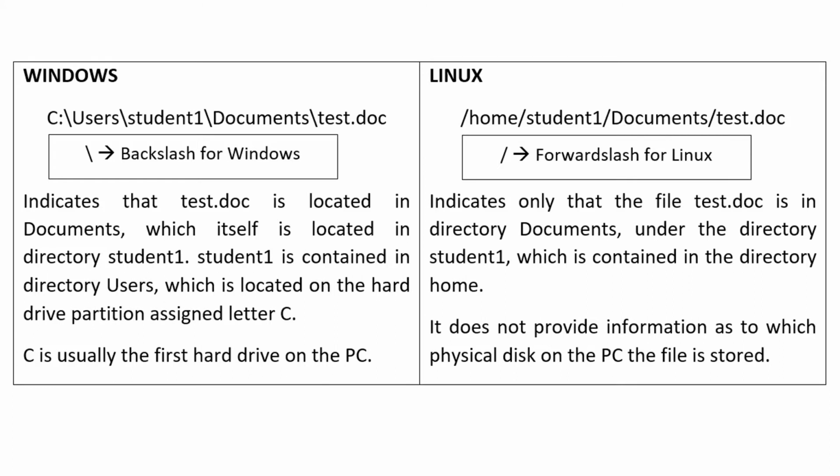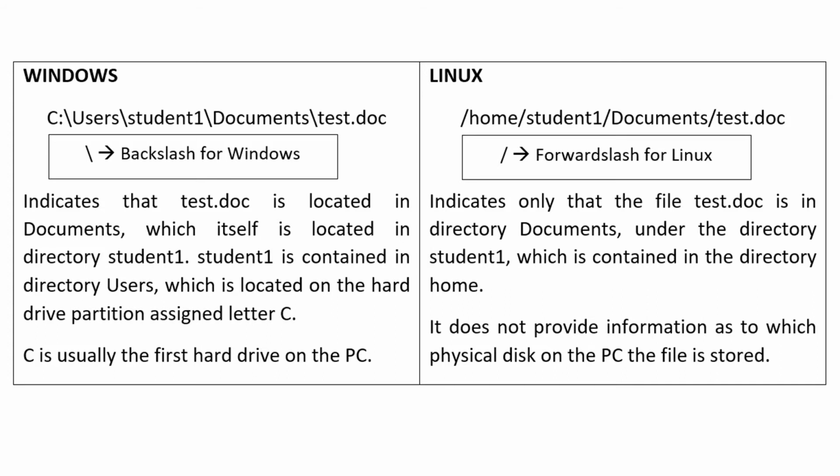For Windows, we are using the backslash for the file path, and you can see that the top directory is the drive letter of the computer. In this example, we are using C.